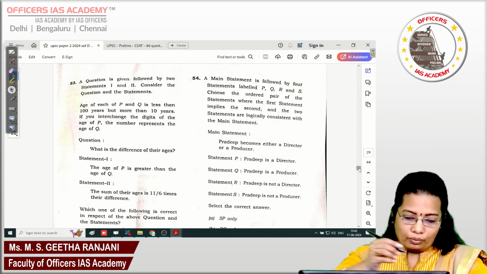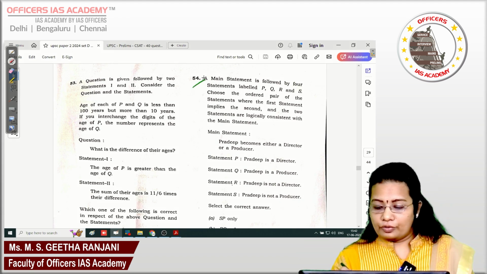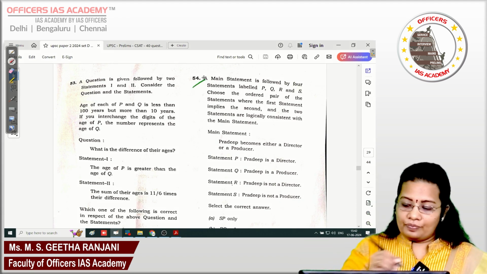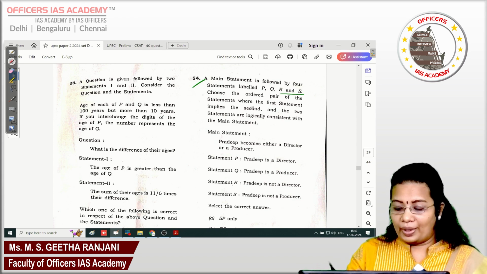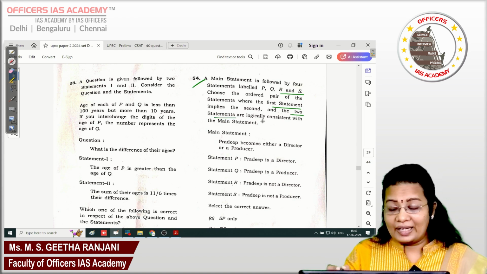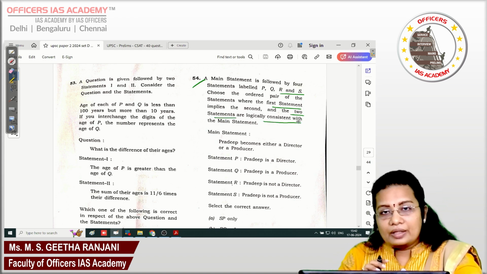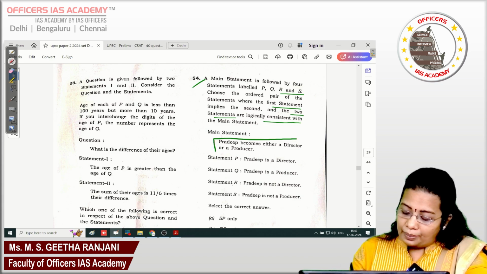Question number 54. A main statement is followed by 4 statements labeled P, Q, R and S. Choose the ordered pair of the statements where the first implies the second and the 2 statements are logically consistent with the main statement. It must be consistent with the main statement. So what is the main statement talking about?